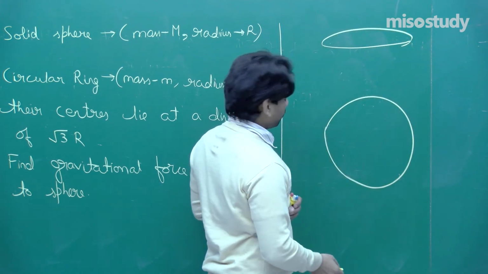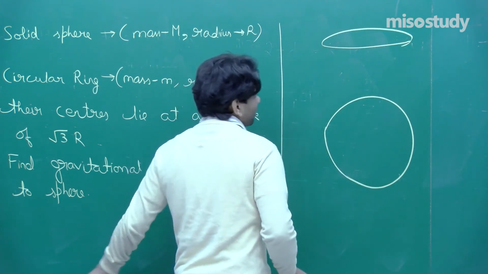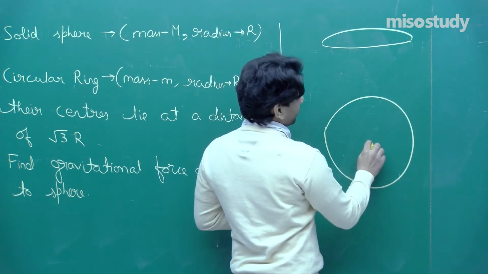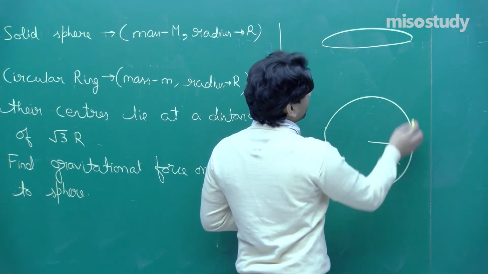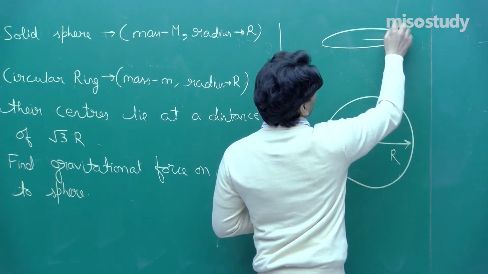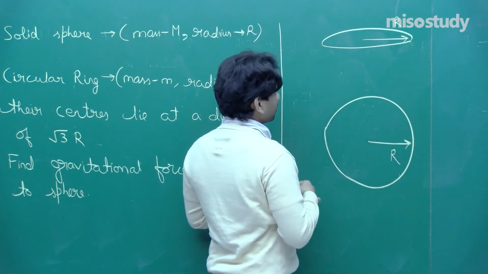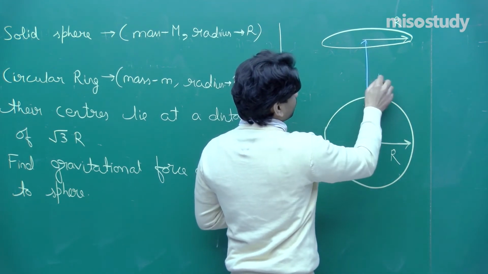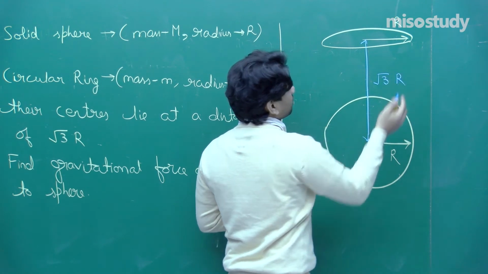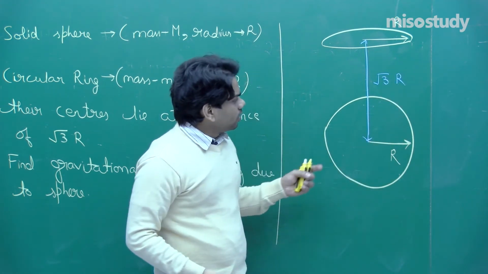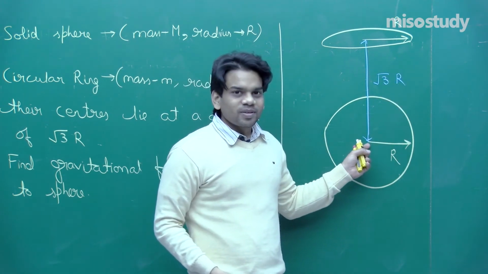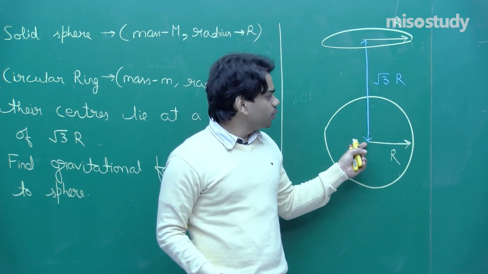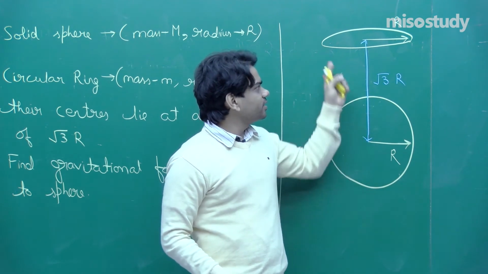So we are required to find out the force on the ring due to the sphere. Its radius is also capital R. The distance between the two centers is actually root 3 capital R. This is what has been given. Now you see the value of the gravitational field due to the sphere at this point.